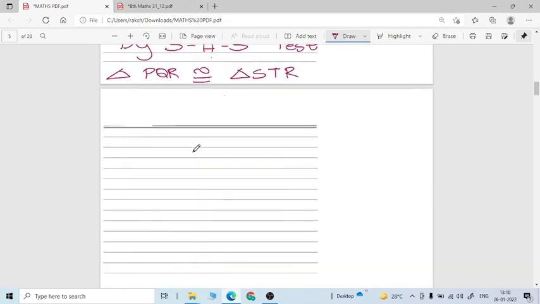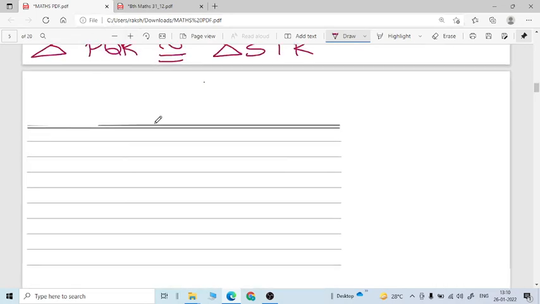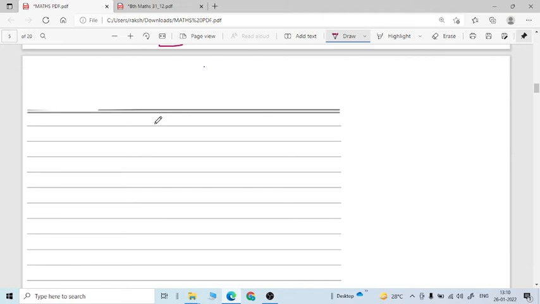Okay, one more, this is remaining. So the question would be the same, only the diagram will be changed.